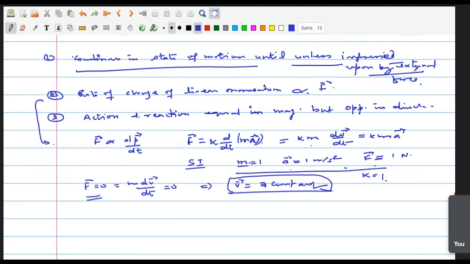Why this is happening like this is very important. So this simply implies that these two laws are enough. The first law is not required, because the first law is anyway contained in the second law.